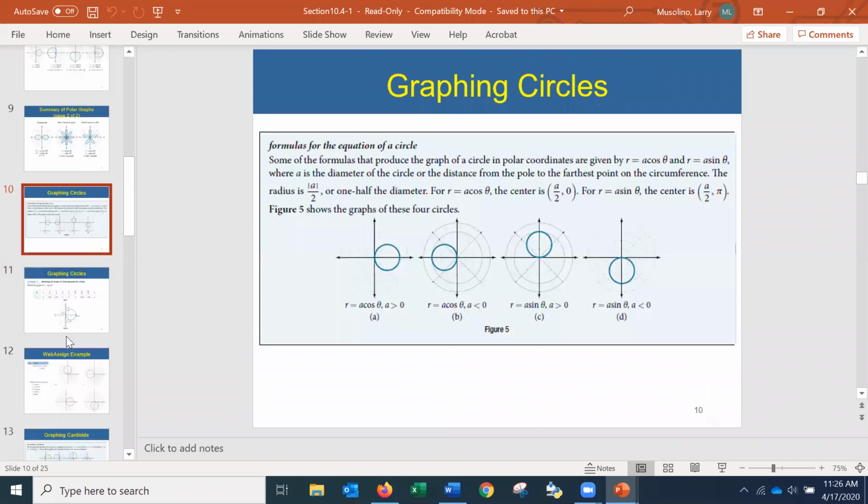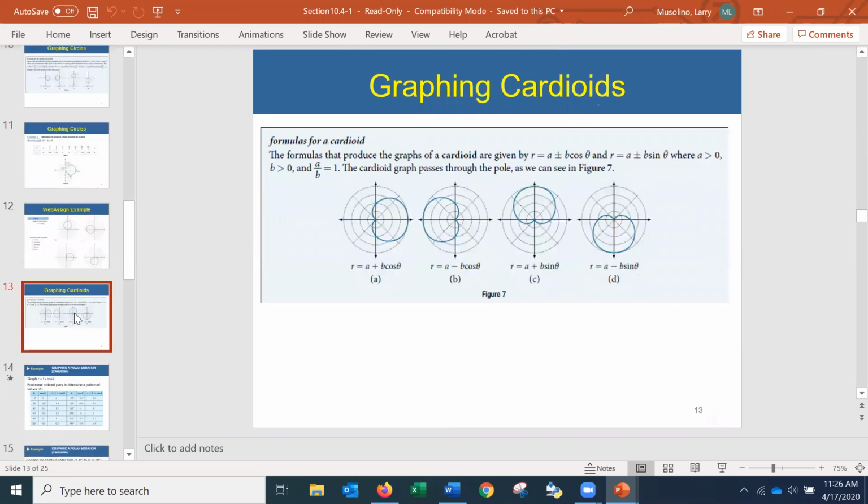Then I would go to slide 13 to get a more detailed view of different cardioid graphs. This slide tells you the different orientations, whether the graph is on the right side, the left side, the top, or the bottom. Okay?